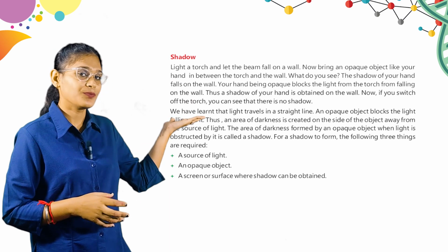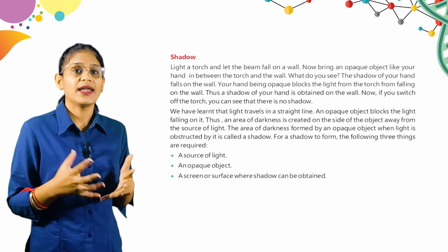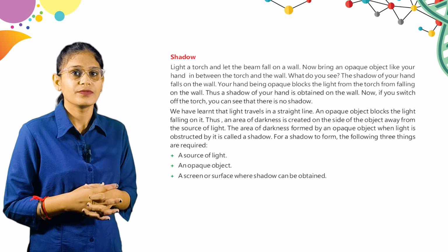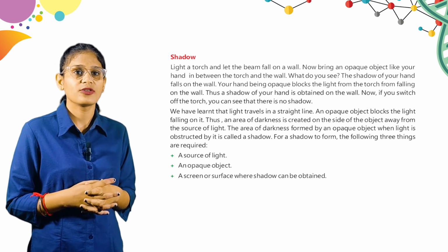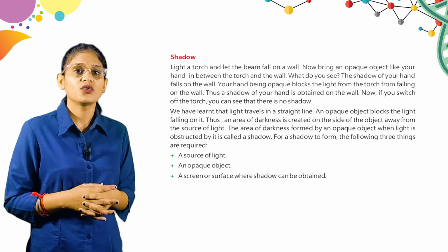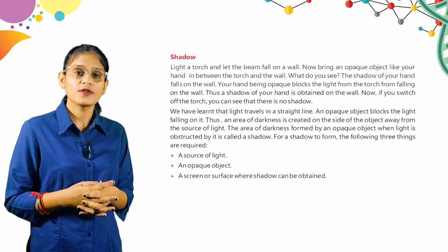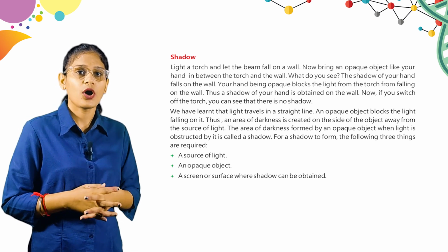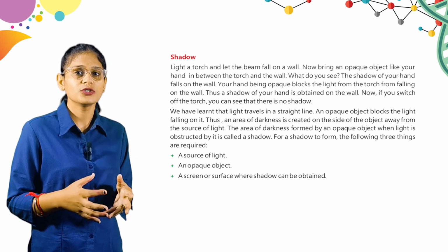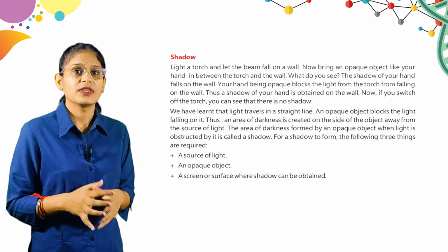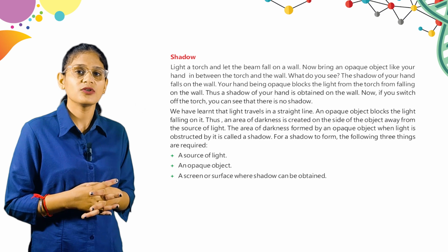Here, shadow. Light a torch and let the beam fall on a wall. Now bring an opaque object like your hand in between the torch and the wall. What do you see? The shadow of your hand falls on the wall. Your hand being opaque blocks the light from the torch from falling on the wall. Thus, a shadow of your hand is obtained on the wall.